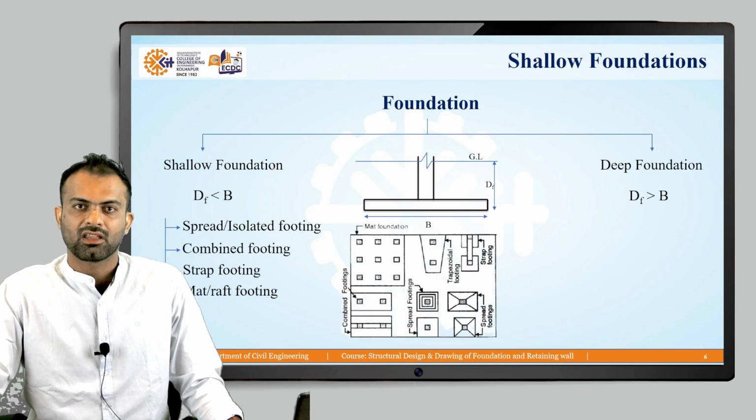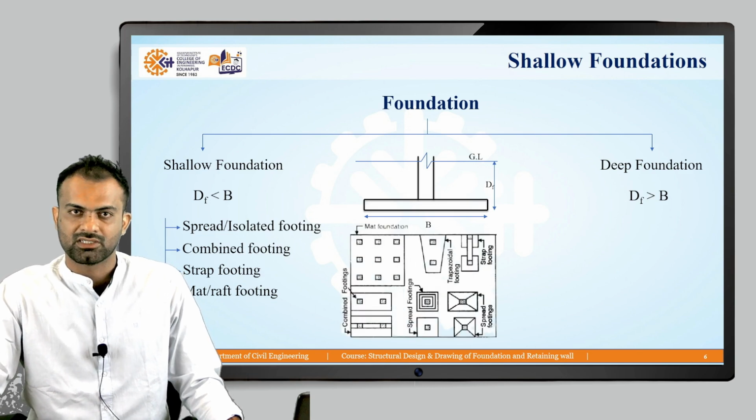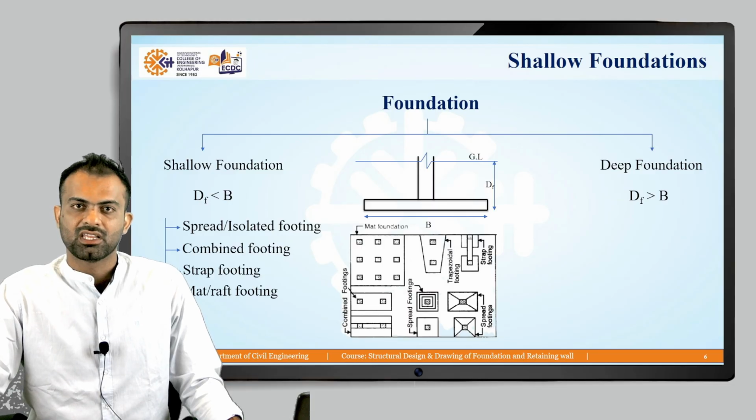If you look at the diagram, you can see the different types of foundations. The first one on the left corner we can see is the mat foundation. The foundation which can cover all columns in the structure, we call it a mat foundation. And this is a strap footing. Two columns are connected with a strap beam, so we call it a strap foundation.